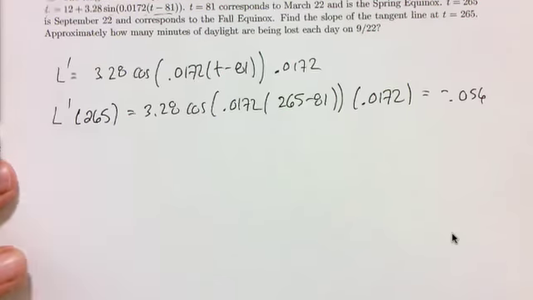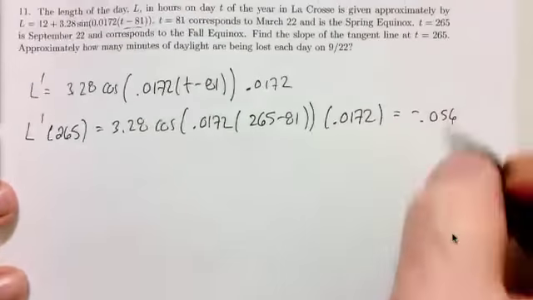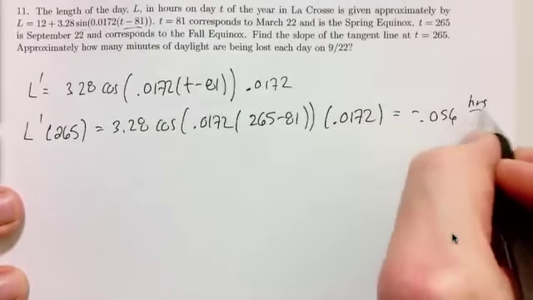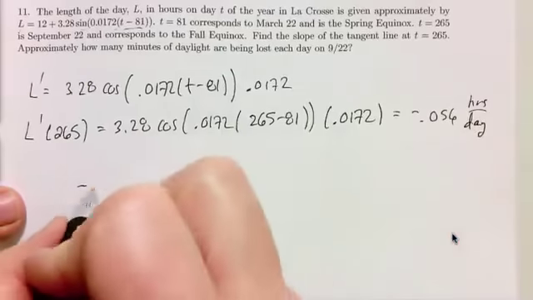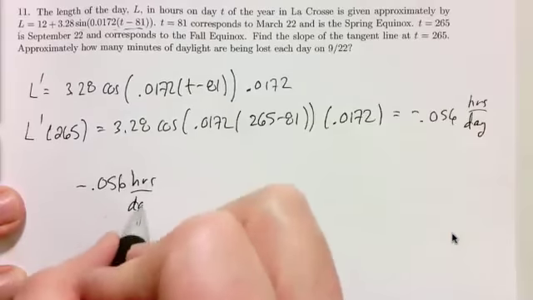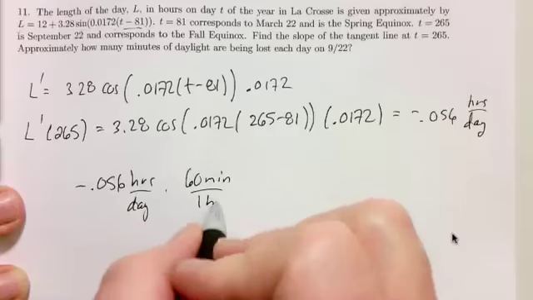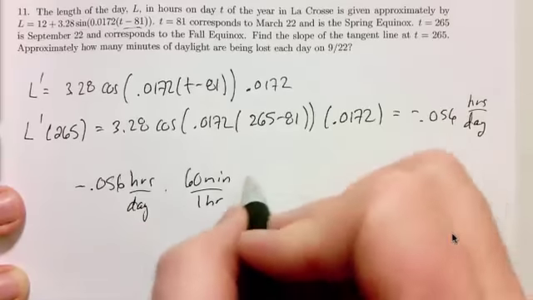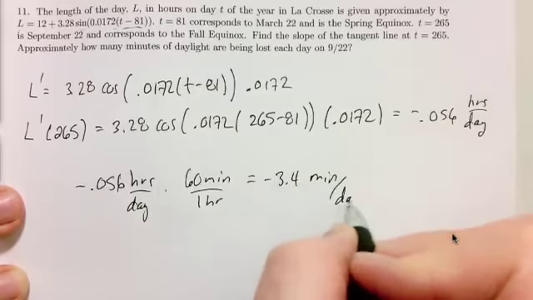Sorry about that, you just got treated to something on the screen. Hours per day. If we convert that to minutes per day, we're going to multiply by 60 minutes in 1 hour. That's about minus 3.4 minutes per day.